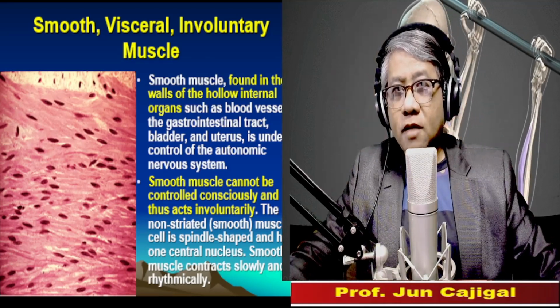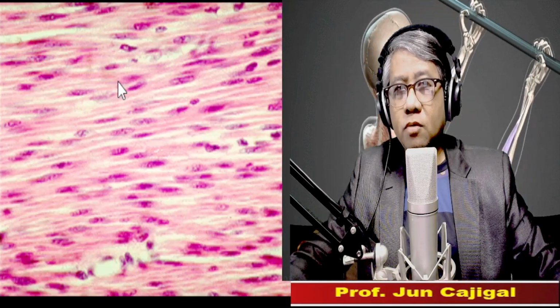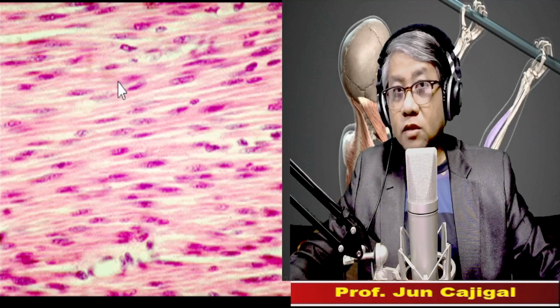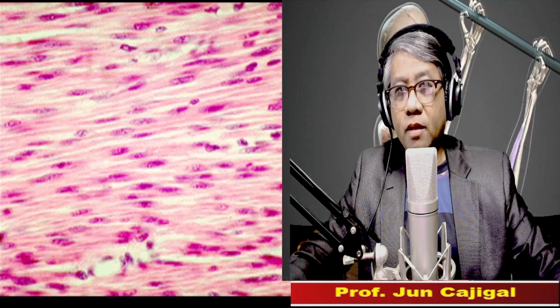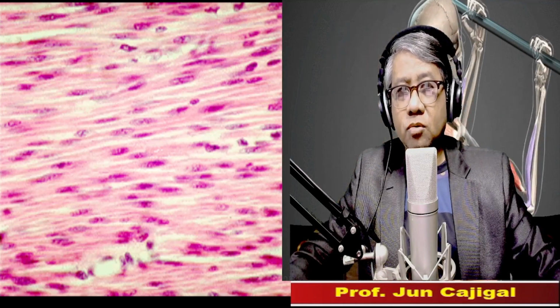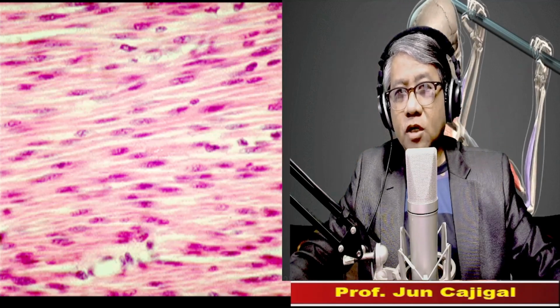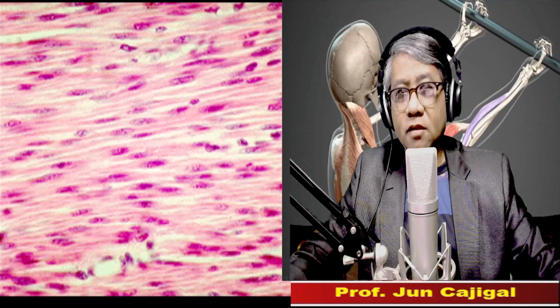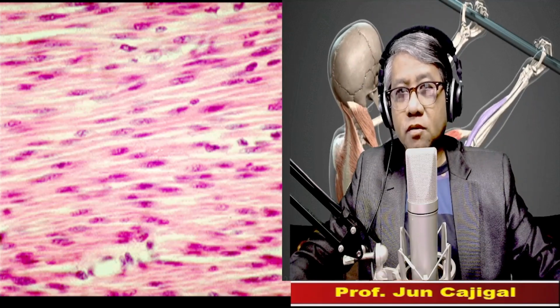So, if you will examine this muscle tissue under the microscope, you will notice that this muscle tissue does not exhibit any banded or belted appearance, meaning that this muscle tissue doesn't have any striations or stripes or transverse streaks. That's why this type of muscle is called smooth muscle.